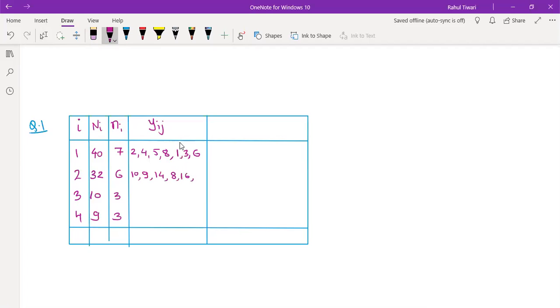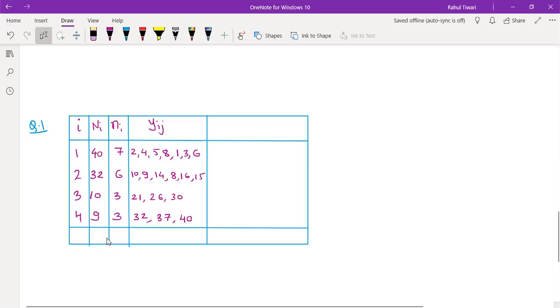Then this one, 21, 26, 30, 32, 37, 40. So this is the data we have.